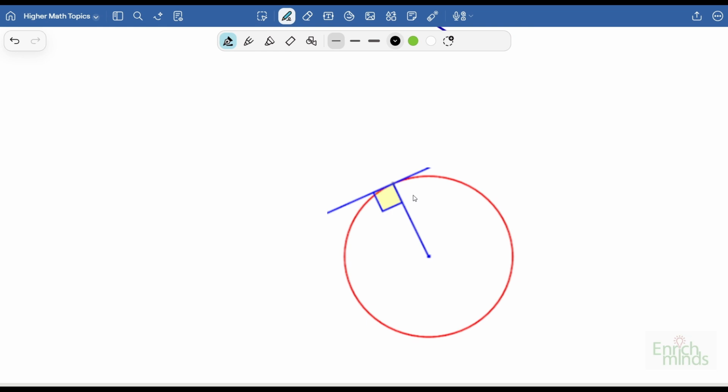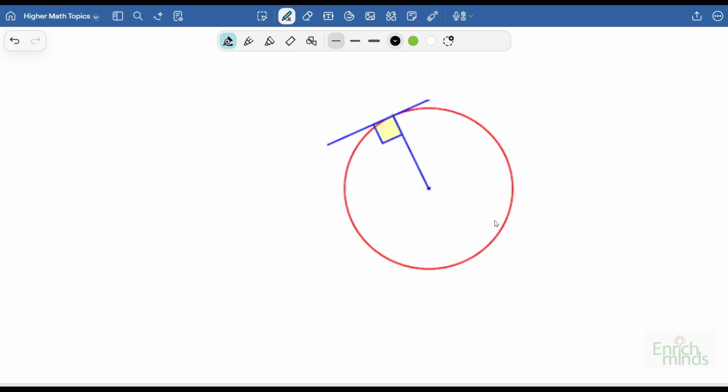All right, moving on to the next theorem. This is a considerably straightforward and easy theorem, where it says the angle between the tangent and the radius is 90 degrees, or the radius touches the tangent of a circle at 90 degrees.